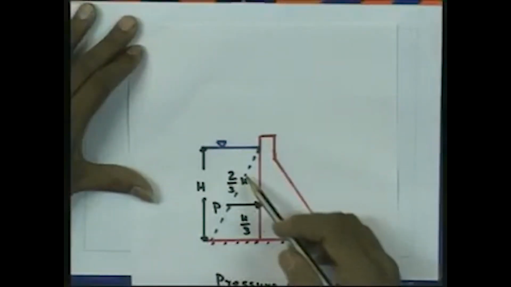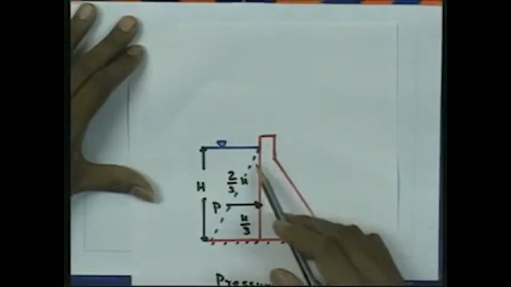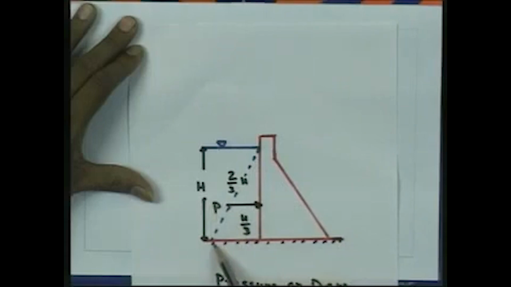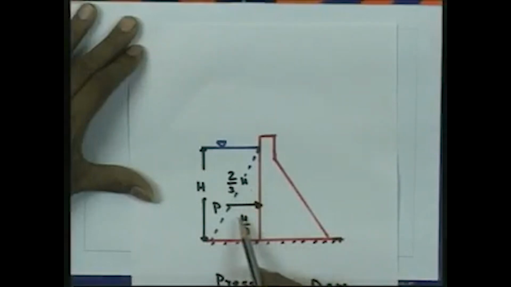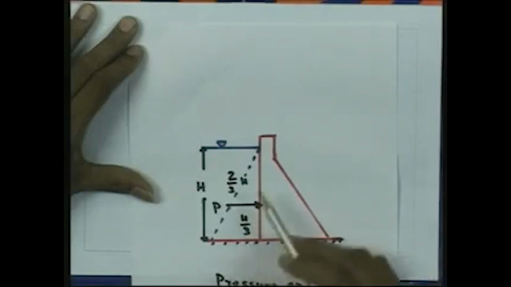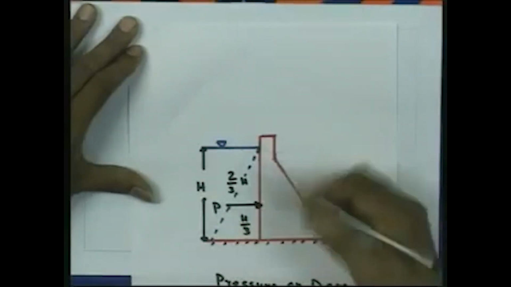Gamma H below the surface gives the pressure, and then the total pressure is the area of this triangle, that is gamma A X bar. In this case it is gamma H into H by 2 per unit width, and you can multiply by the width of the river or of the section where the dam is.